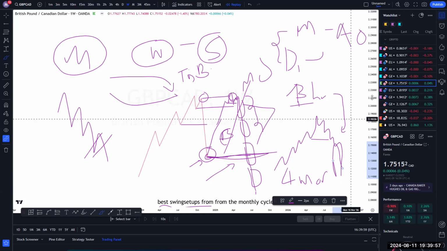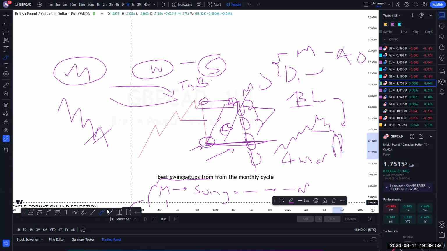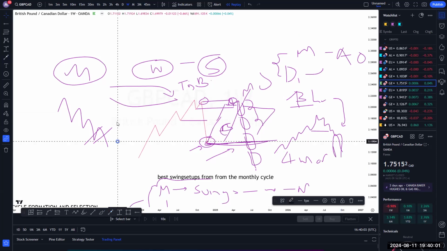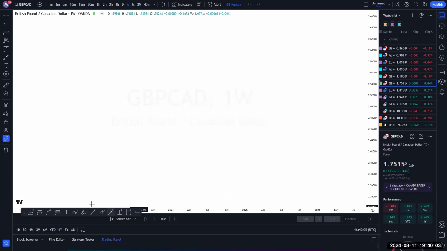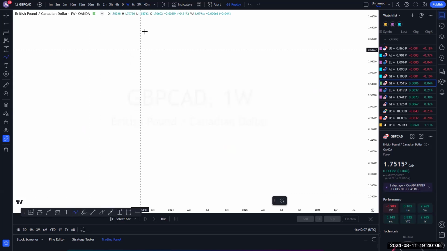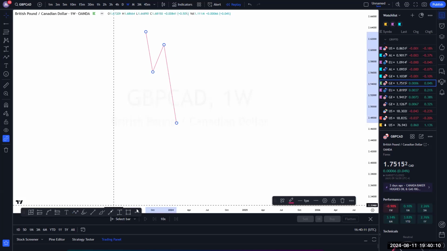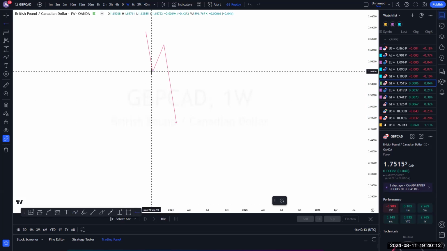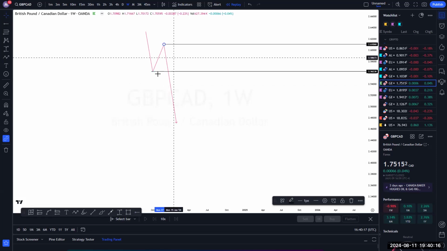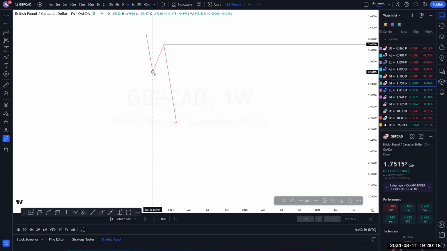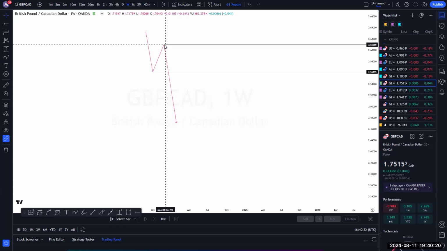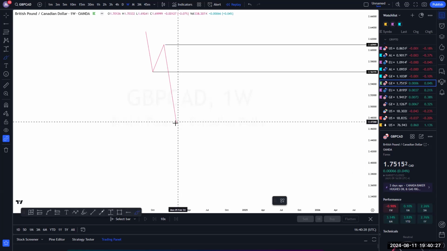Even if it's a normal area of liquidity, it may look like this. Even if it's a normal area of liquidity in a monthly time frame, which is that one, you have to be patient until price comes here. Then we know how to take an opportunity for this buy.